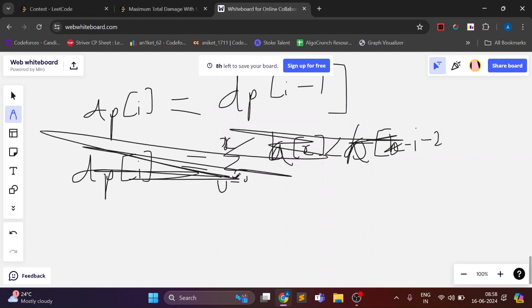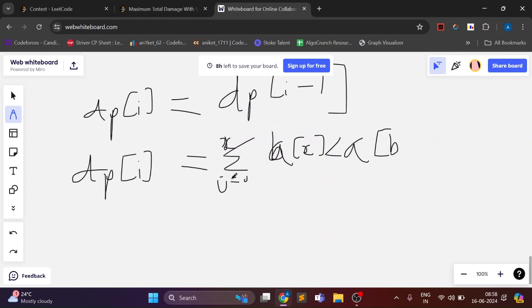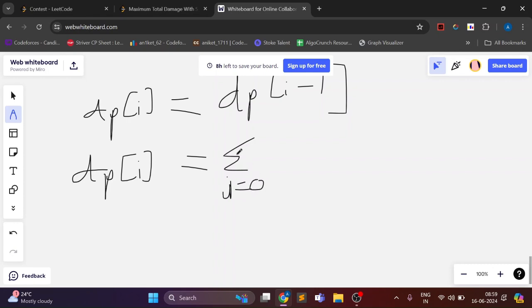Sorry, I will just write it again. So this j is starting from 0 and it is ending at x, let's say. And what does b of x represent? b of x represents the biggest element which is strictly less than b of i minus 2.